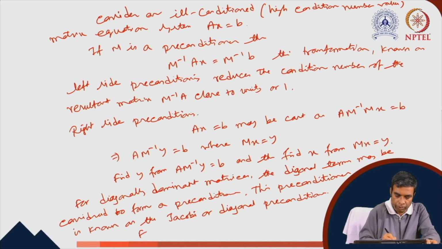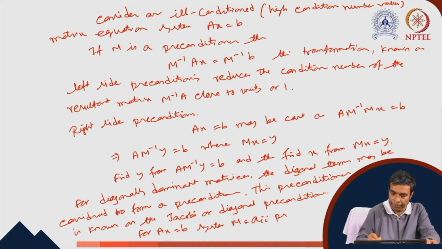So for an Ax equals b system, M equals Aii represents a diagonal preconditioner.